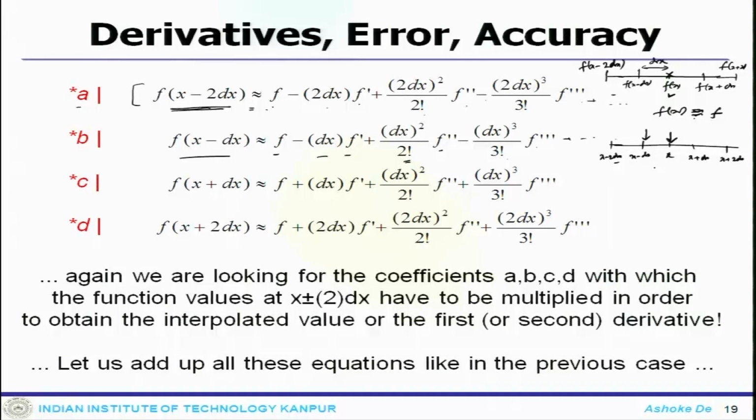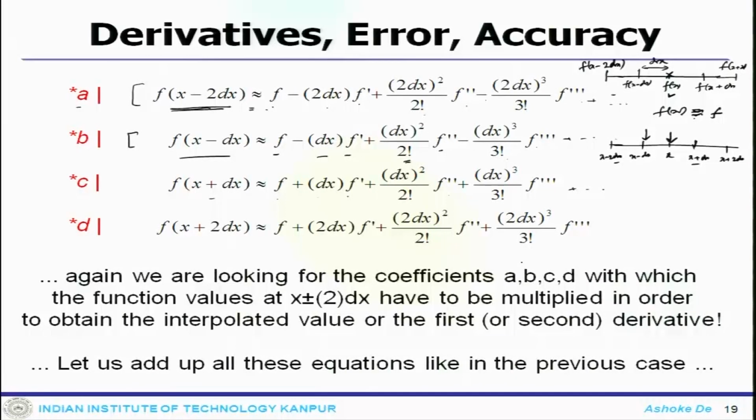Now these are the points. This one is multiplied with b. Now you look at the point which is ahead of it, that means x plus dx. So x plus dx would be f plus dx f prime plus dx square by factorial 2 f double prime plus dx cube by factorial 3 f triple prime and so on.